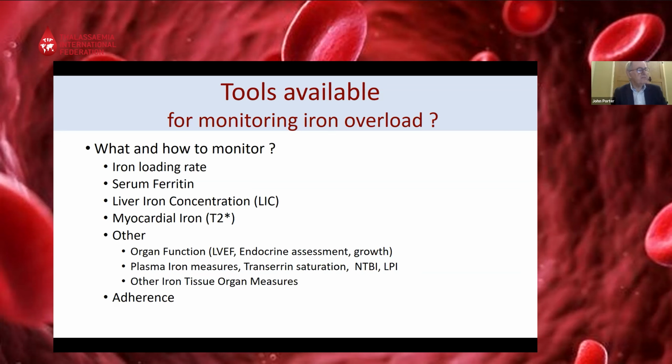What are the targets with ferritin? Well, in other forms of iron overload, such as genetic hemochromatosis, we know that if a patient has ever had a ferritin above 1,000, they have a lifetime increased risk of fibrosis and cirrhosis.